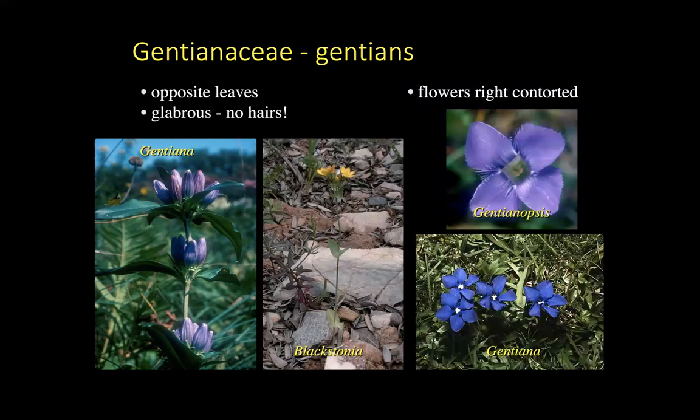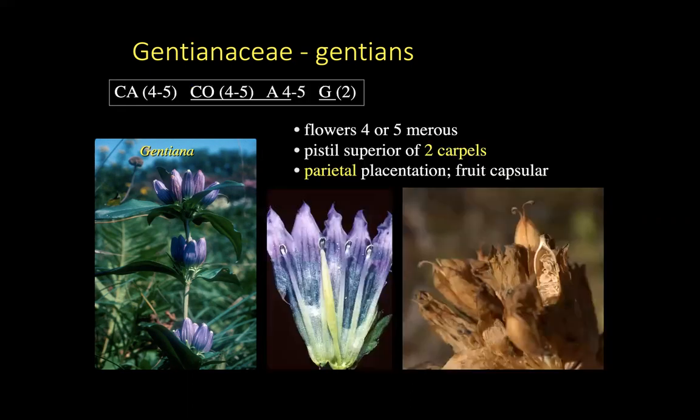In the family, they share being right contorted. So you see that the right side is tucked in, the left side's out. That spiraling twist is shared by all members of the Gentianaceae. Okay, this whole group, the Lamiids, is where we're really going to see consistently those key asterid features.